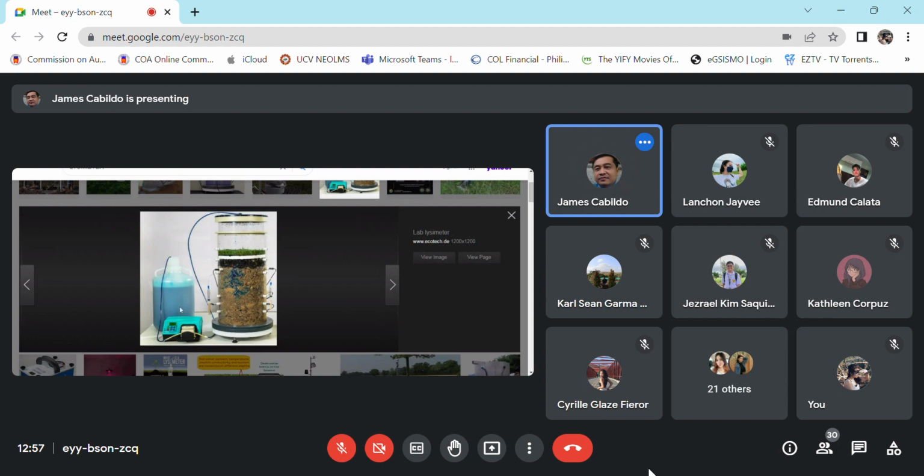Kung ano man yung kailangan, no? Temperature, kasi tubig ang kino-kontrol nito, no? Moisture ang mini-measure dito, no? Tapos yung evaporation siyempre aakyat yan. Okay.